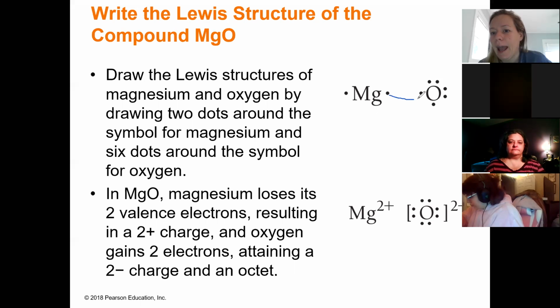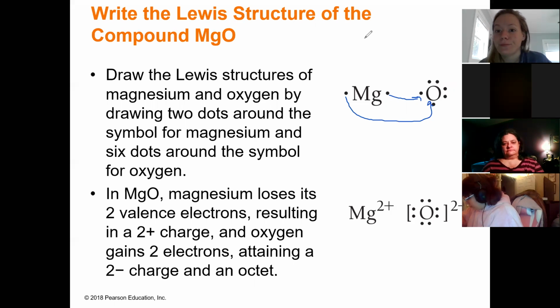No, what we're going to do is add those 2 electrons over here. That's going to increase the charge here to 2+ because we dropped 2 electrons. Over here, we added 2 electrons, so we have a 2- charge. Now these 2 things stick together. If this feels like, wow, this is a lot of work for what I already know how to do, that's why we don't spend a whole lot of time on it.